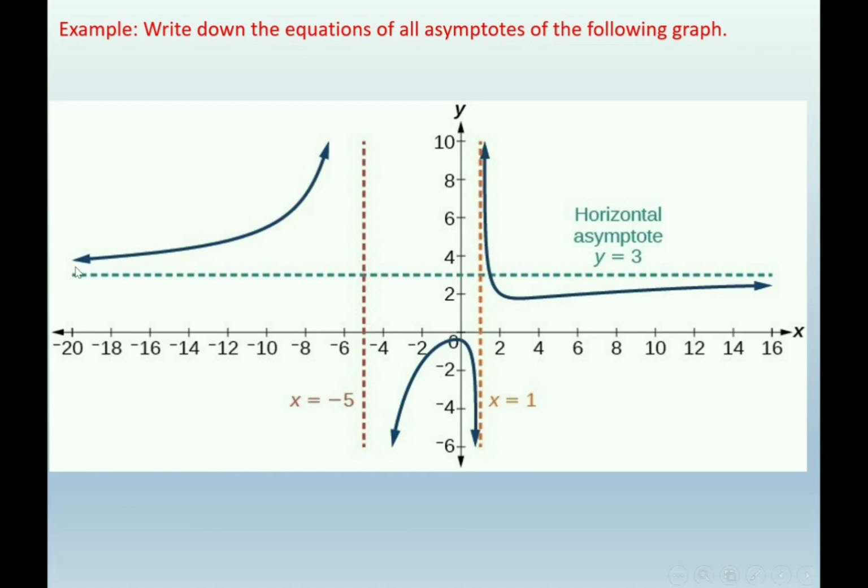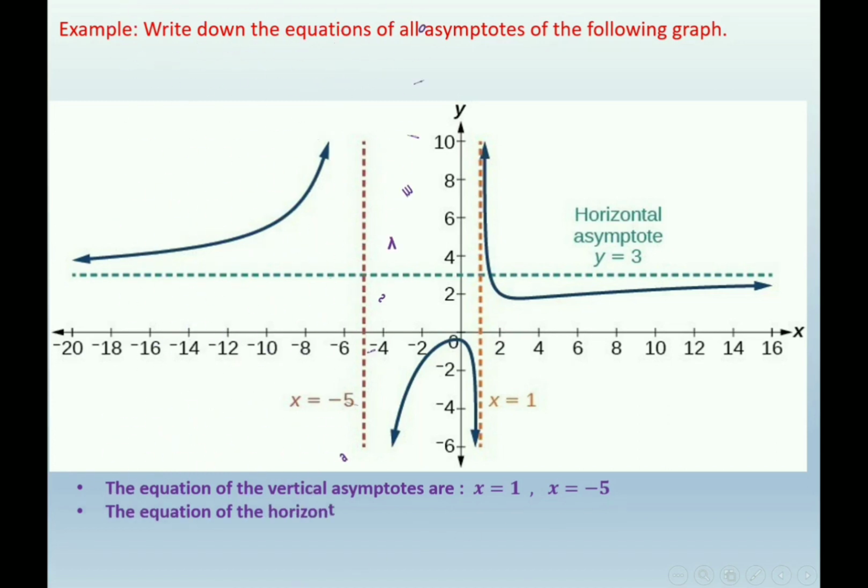Let's have a look. This curve is getting closer to the asymptote. The equations of the vertical asymptotes are x equals 1 and x equals minus 5. The equation of the horizontal asymptote is y equals 3. And there is no slant asymptote.